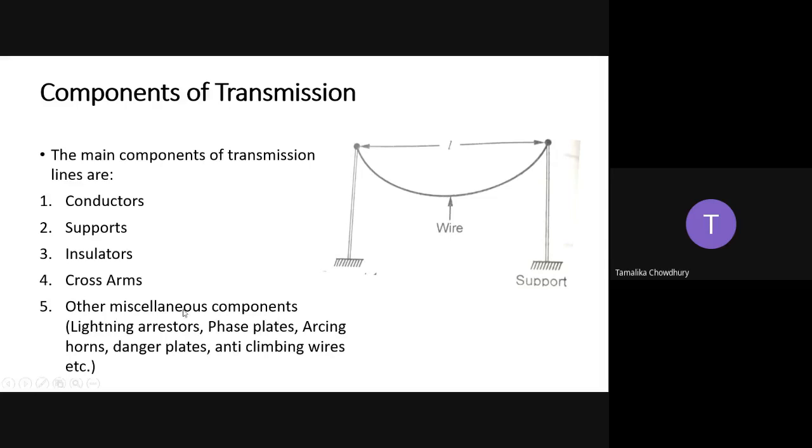I am starting with the conductors. It is obvious that conductors should be a good conductor of electricity. The properties should be high electrical conductivity and high tensile strength. Why tensile strength? You will understand that.